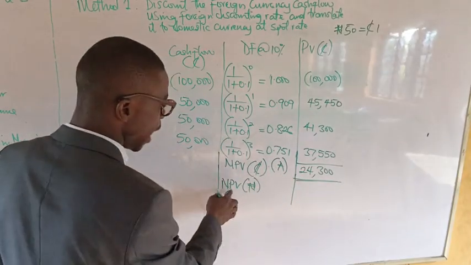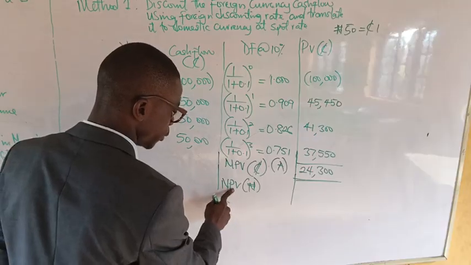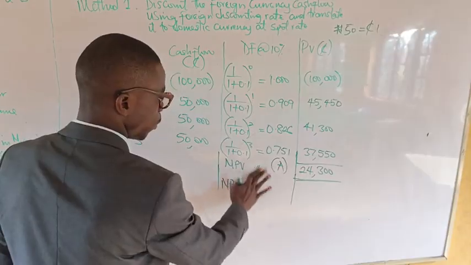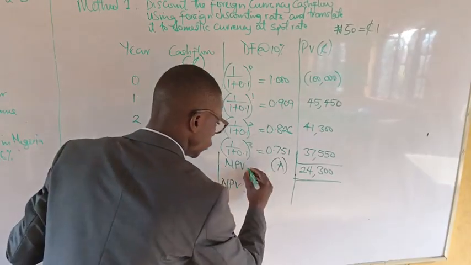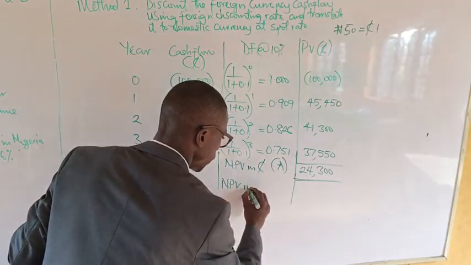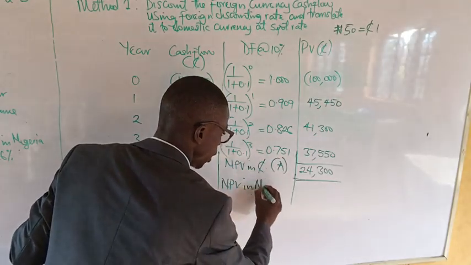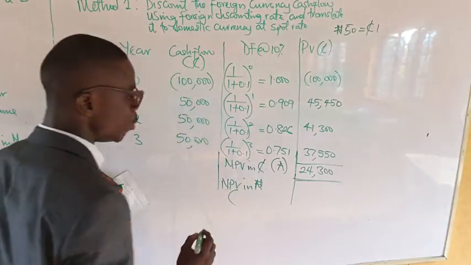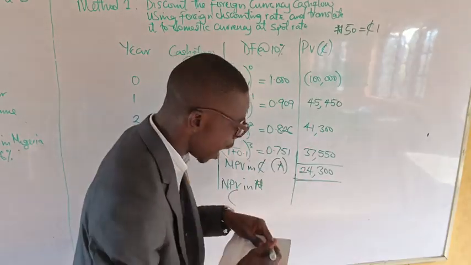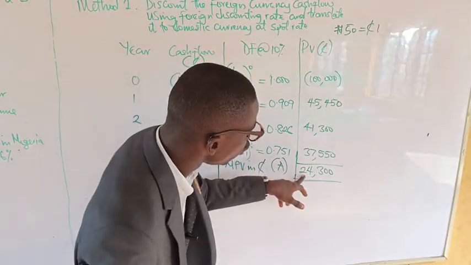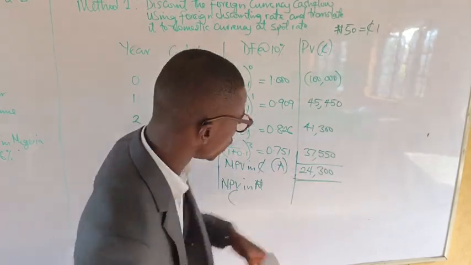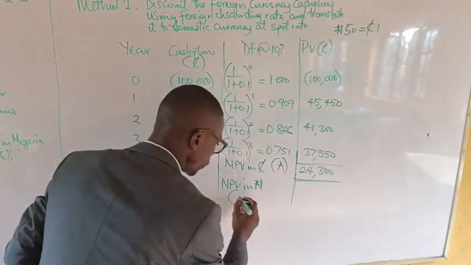So to calculate the NPV in Naira, I'm coming in so that you will get what I'm saying. So NPV in cedis, so NPV in Naira will be what? Because we said we have 24,300.